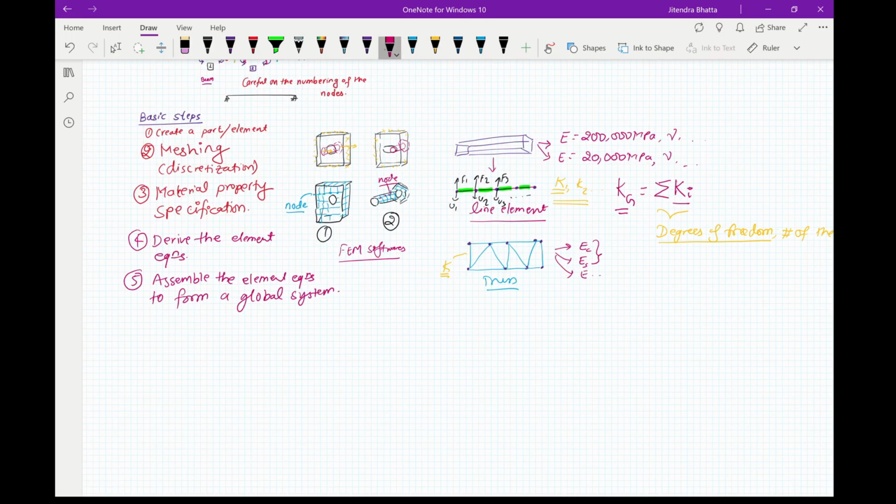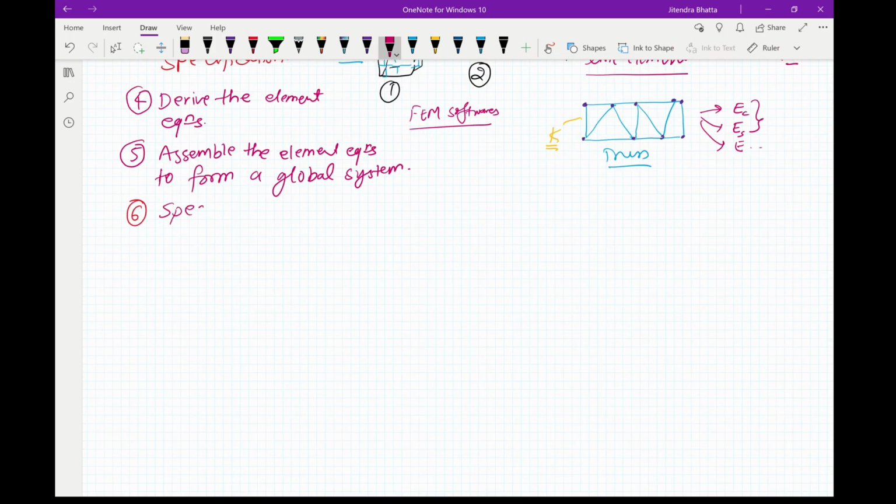In an FEM modeling, assembly means to combine this plate and this bolt to form this assembly here. So this is the assembly of the global system, and then we specify the boundary conditions and the loading conditions.